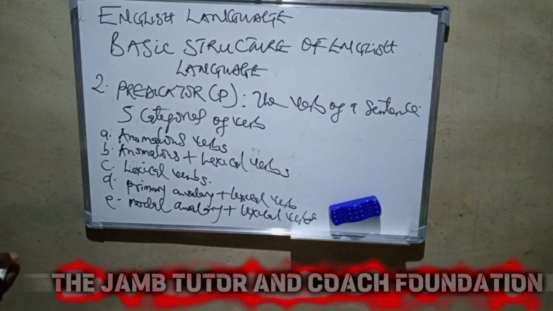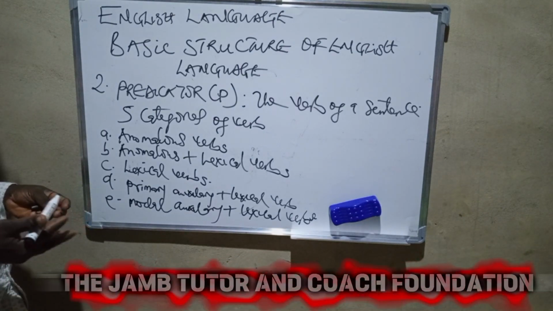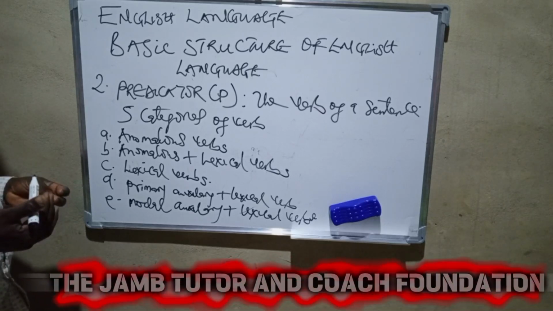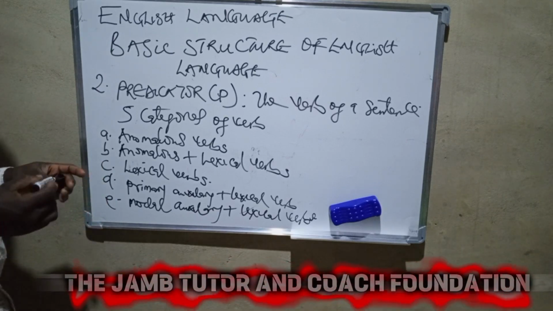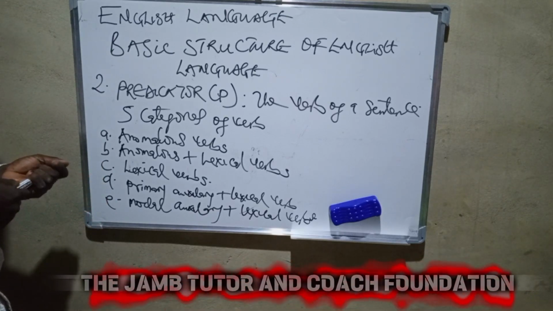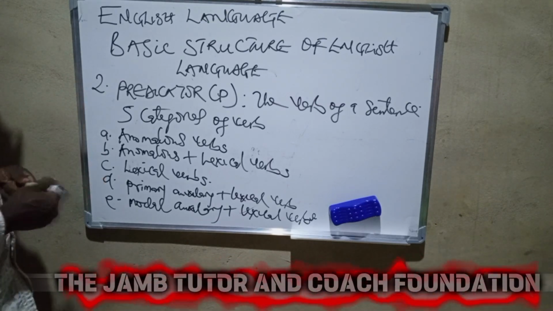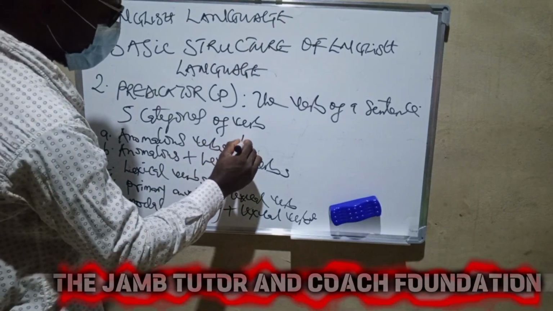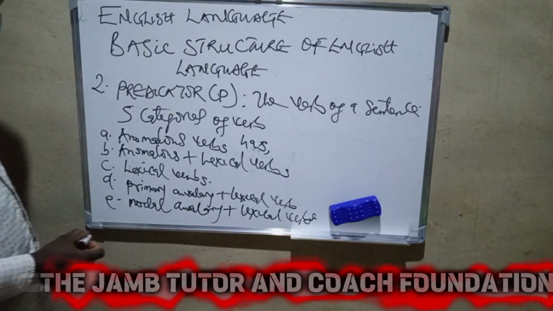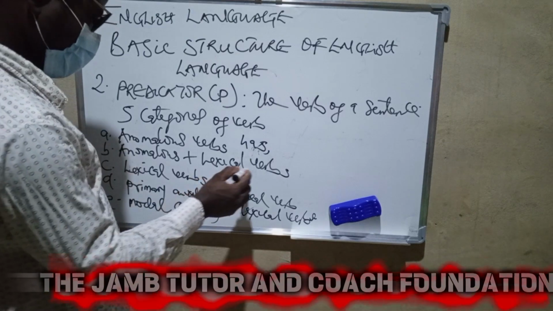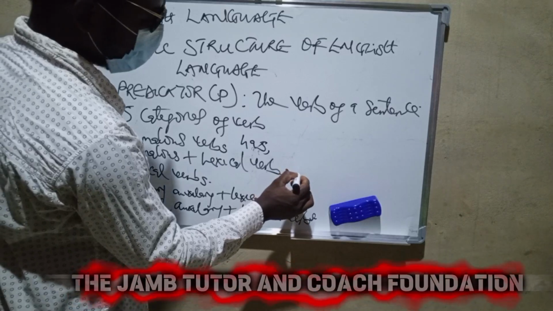So basically what we are trying to know is the way in which you can formulate a very good and correct English sentence. So we've known what the subject is all about. We've also known the predicator. So under the predicator, we have 5 categories of verb. The anomalous verb. Example of this anomalous verb is has. Okay. The example of lexical verb, we have goes.